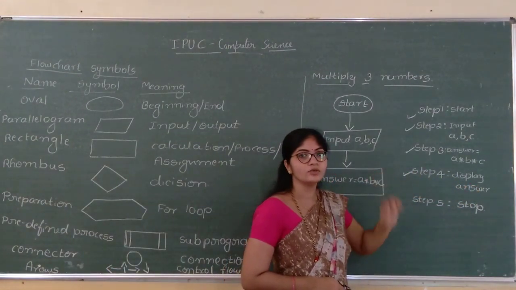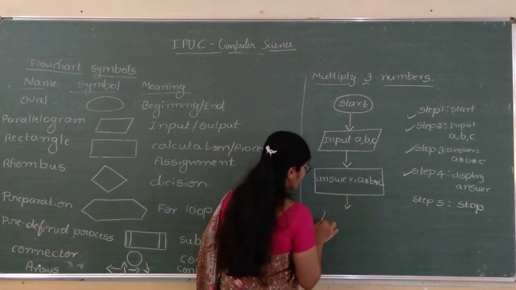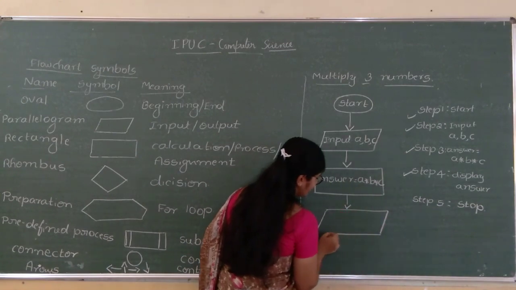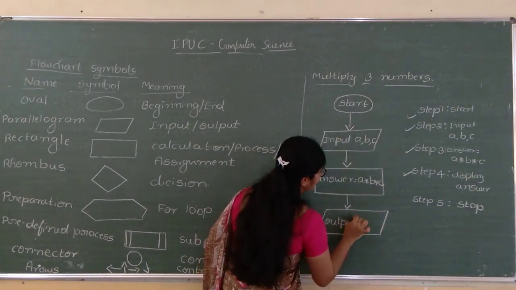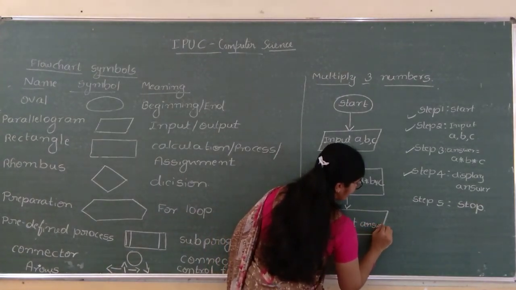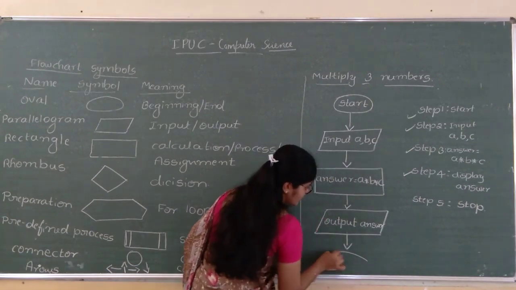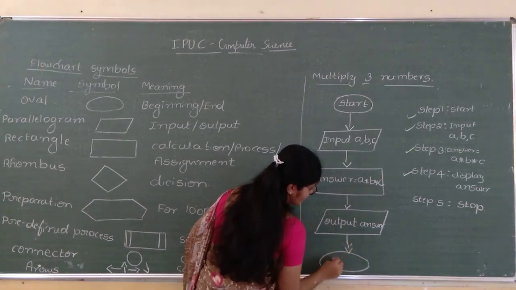It has to give the result. Again, the parallelogram symbol is used to denote output. Output answer. Finally, step 5, stop.